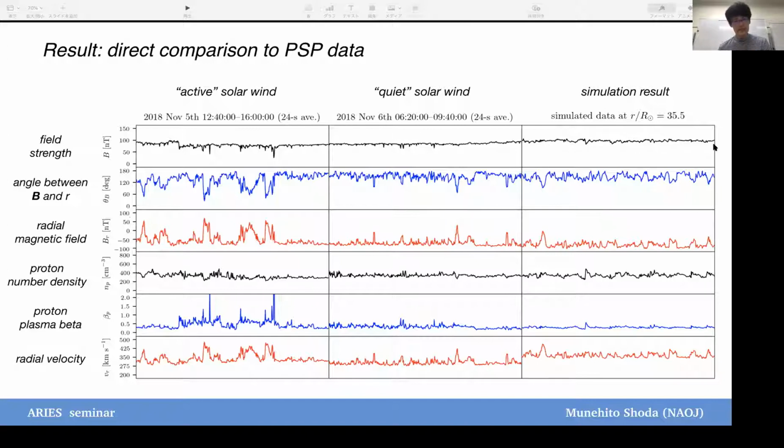So this is one piece of evidence. The second one is a clear correlation between the radial magnetic field and radial velocity, and the simulation also reproduces this correlation. By these facts, we say the simulation result is consistent with quiet solar wind. It's definitely different from the active solar wind.